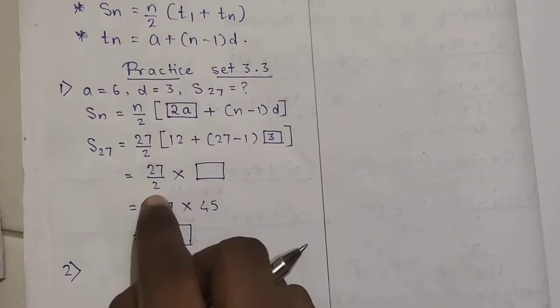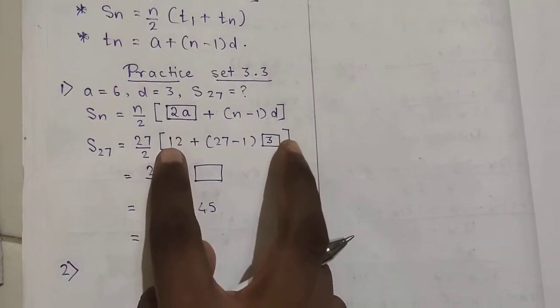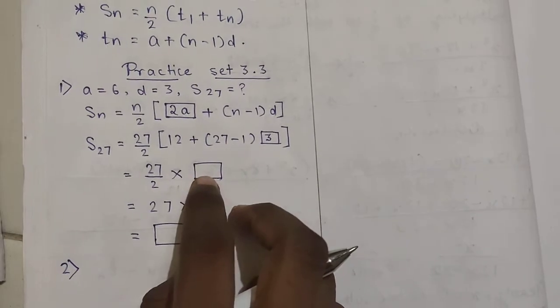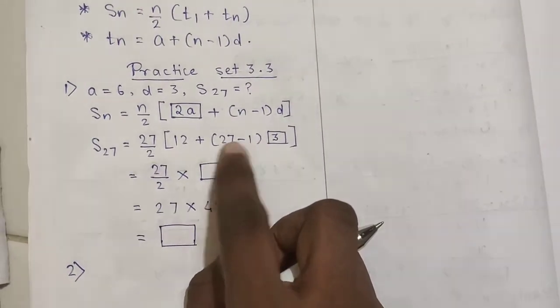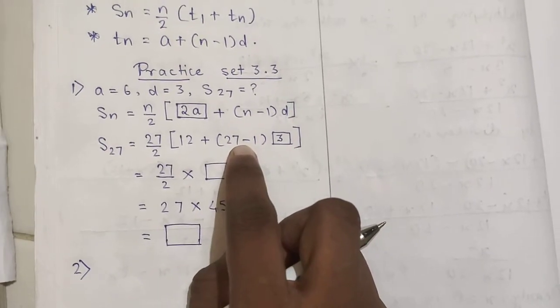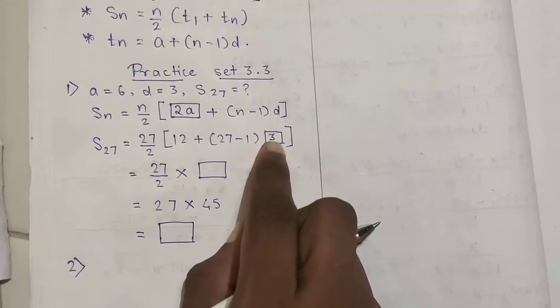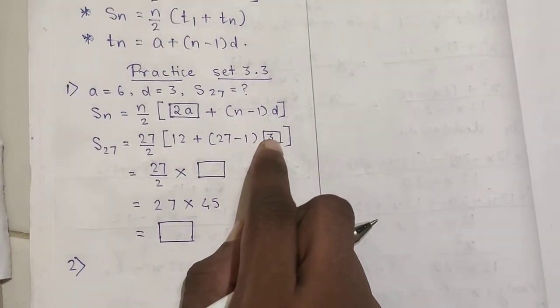Now this is 27 upon 2. After simplifying this bracket, whatever your answer is should come here. So this is 12 plus, 27 minus 1, you are going to get 26. And 26 threes is 78.